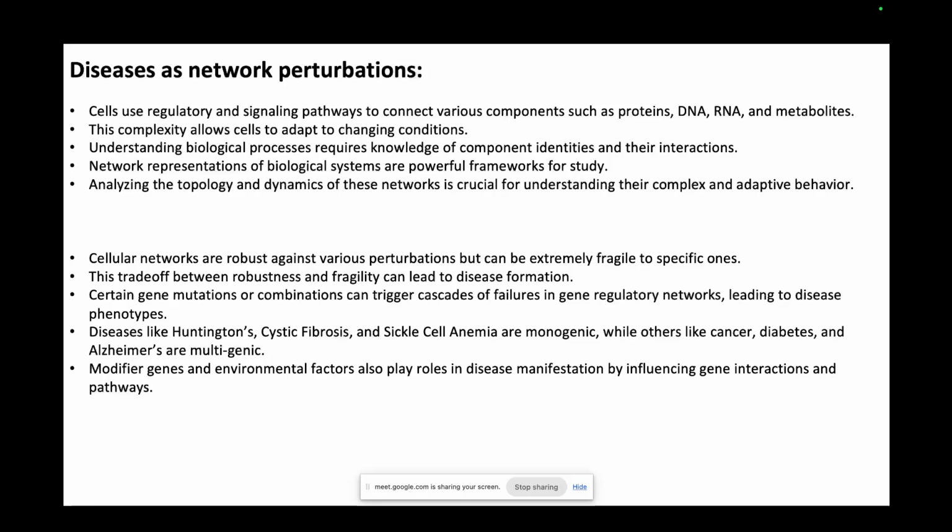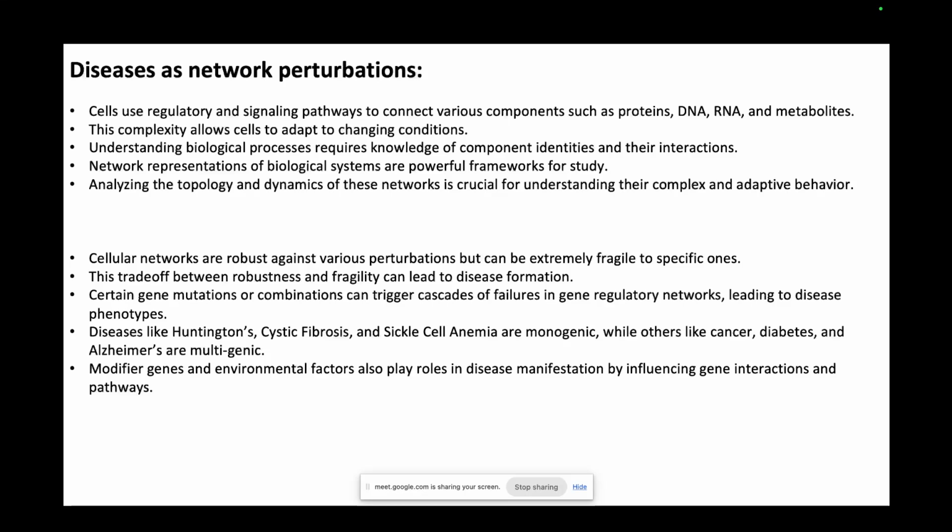For example, cancer or diabetes or Alzheimer's disease are polygenic or multigenic. These cannot be caused by single mutations in particular genes as in the previous examples. You have to have a whole set of mutations across a whole set of genes to cause this particular phenotype. And not only mutations, there can be other factors involved: environmental factors, lifestyle, etc. These are not formed so easily.